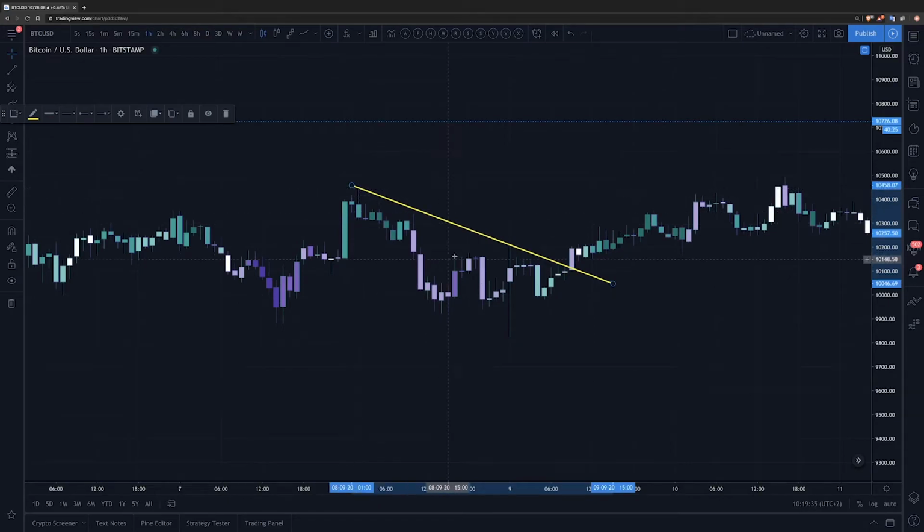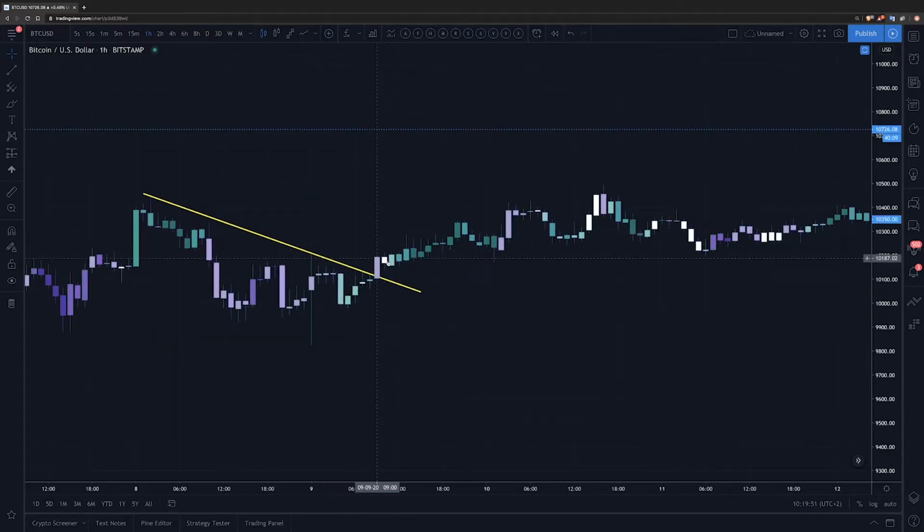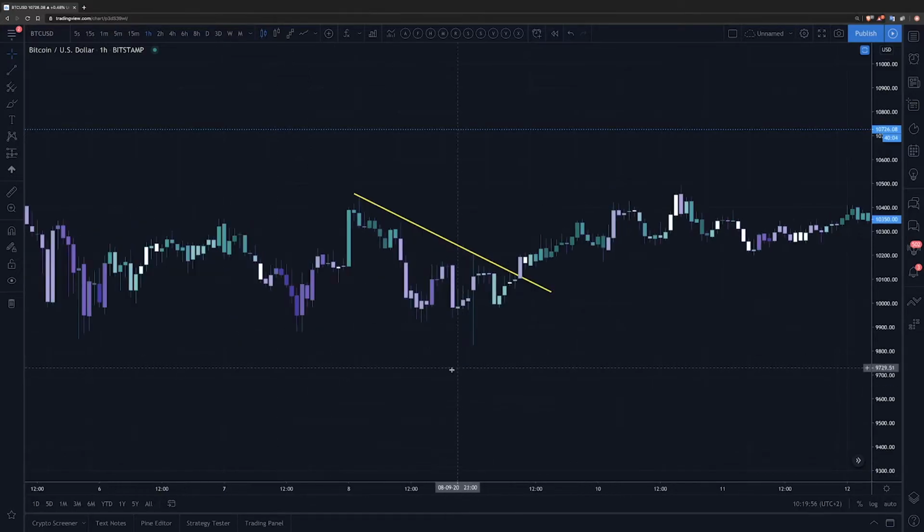Okay, so we've got a top there, we've got a top there, and we're starting to turn bullish here in this compression. The breakout is purple, which doesn't normally happen, but these things can happen, and you have to bear in mind you always have to compare and use your other indicators for context.